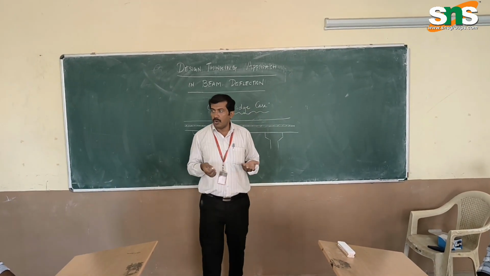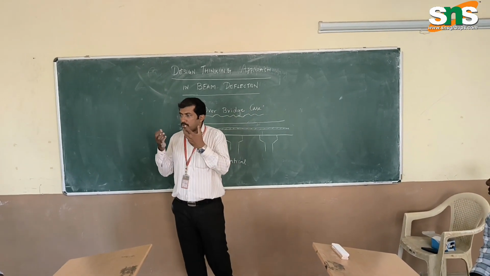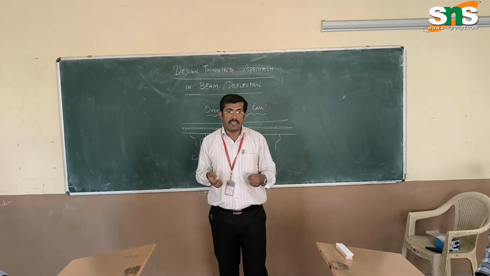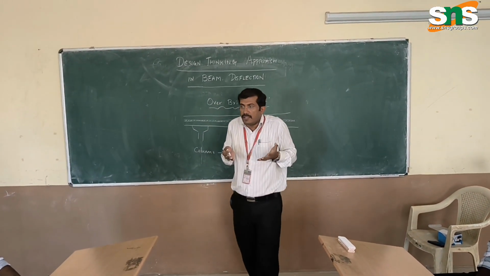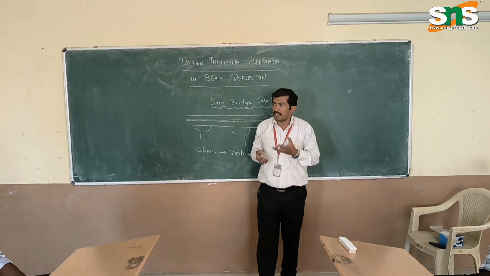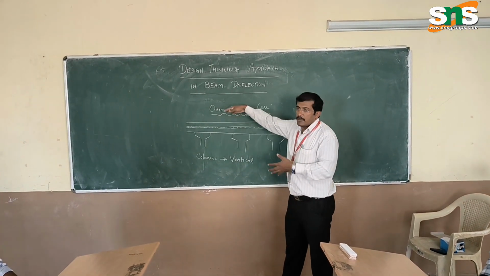So what is the important thing you should take care of? It has to have that strength, that stability, that structural engineering. It has to withstand and hold the load that comes over it.